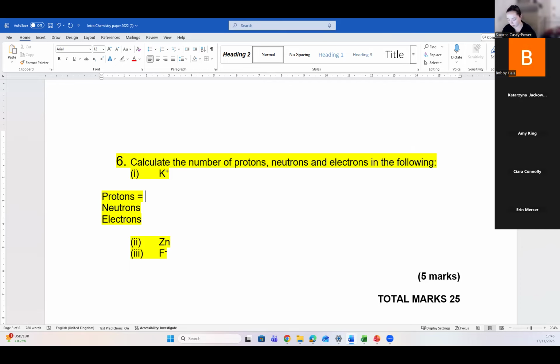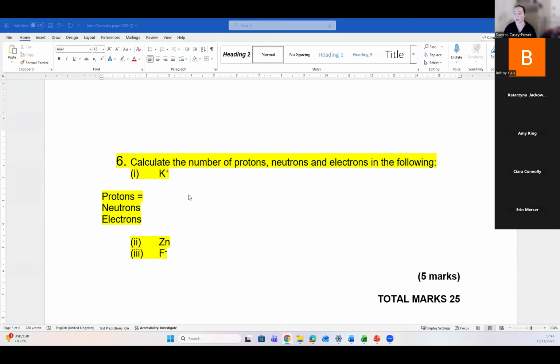Okay, so what we should have here, guys, is your periodic table of elements open, okay? Because we're going to need it to work out your atomic number, your mass number, and so on. So what we have here is potassium.